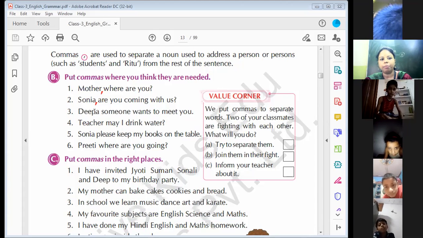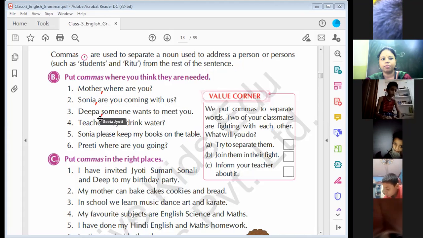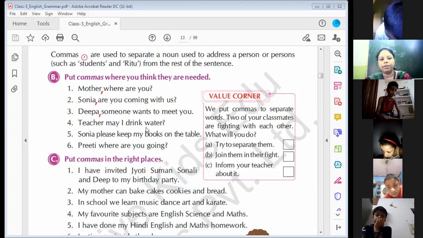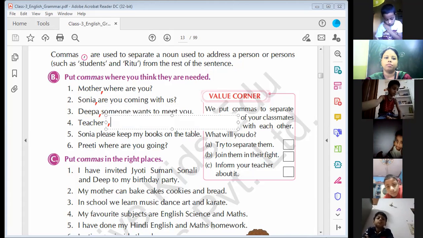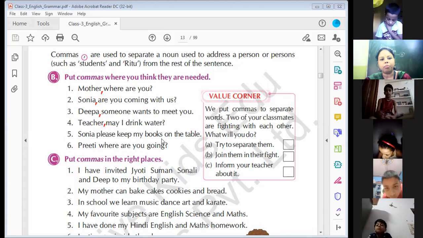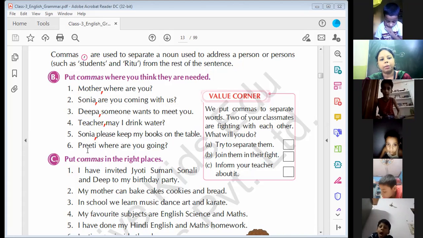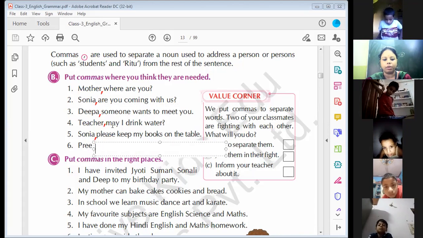So here after Deepa, there should be a comma. Teacher, may I drink water? So here after teacher, there should be a comma. Sonia, please keep my books on the table. After Sonia, there should be a comma. Preeti, where are you going? So here after Preeti, there should be a comma.